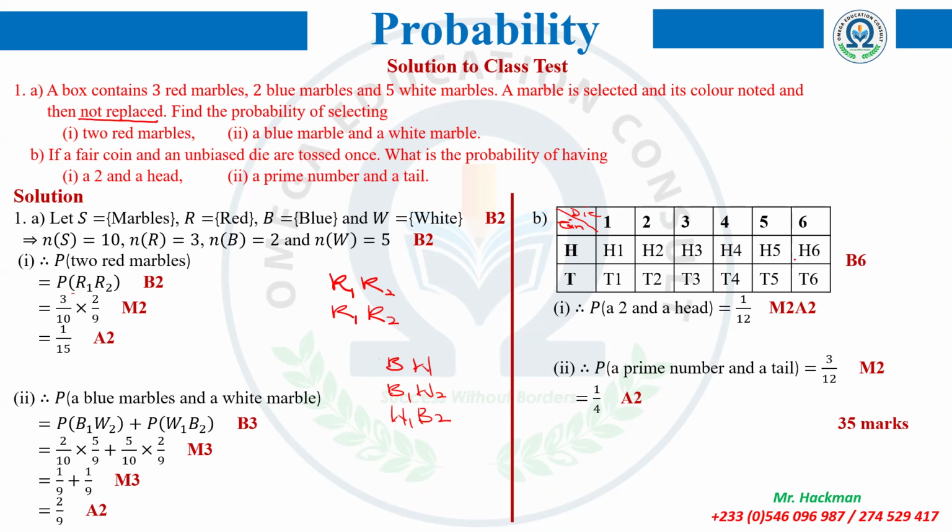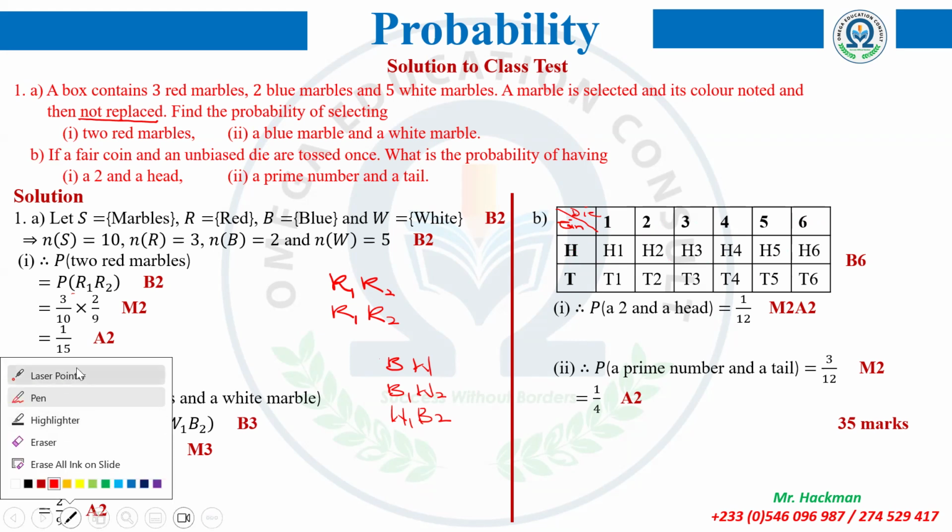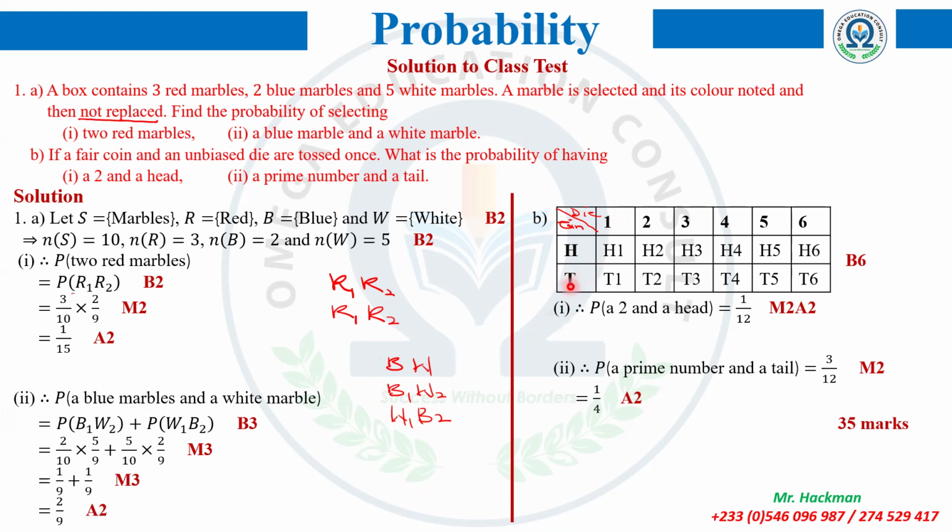So now you look at the combination. So H1, H2, up to H6, then T1, T2, up to T6. So you construct your table. So now this will be the set of possible outcomes. So now what do we have? You come to part I. Once you know your set of possible outcomes, you are in a comfortable lead.